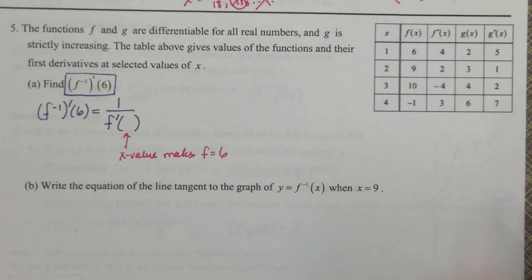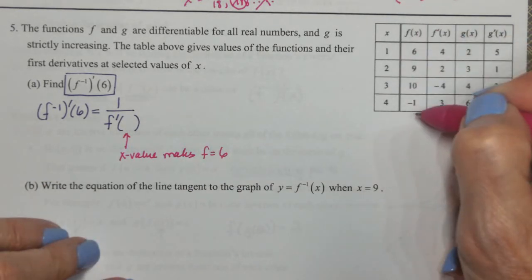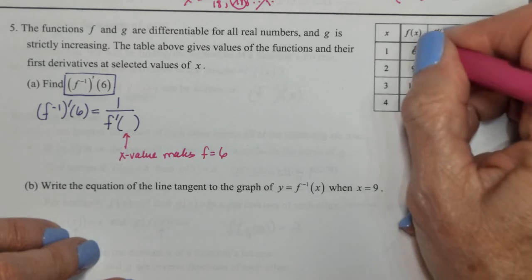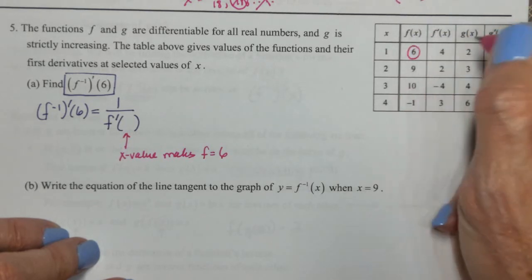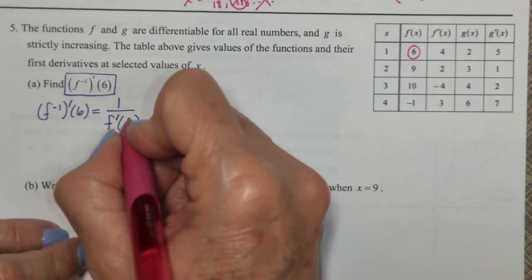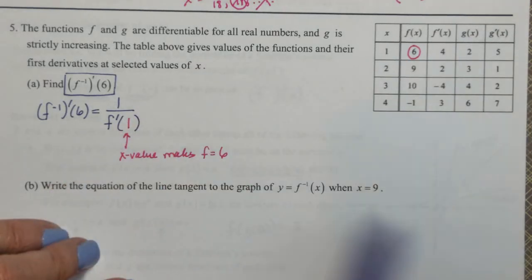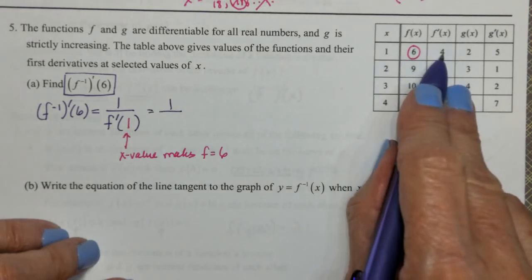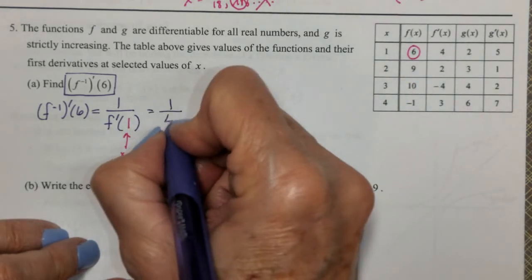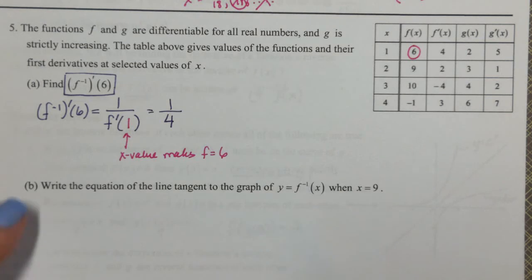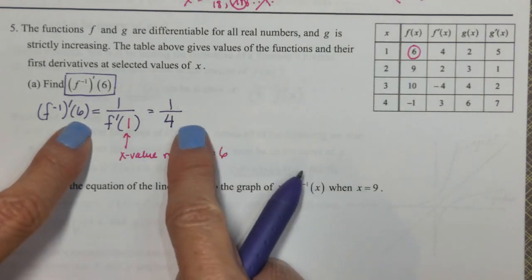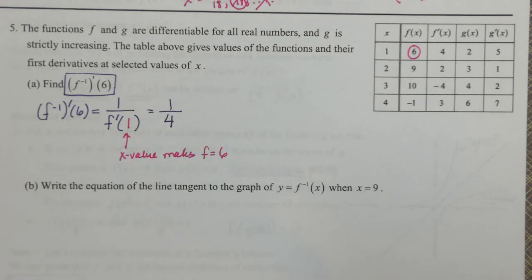So I go to my table. I need the x value that makes f 6. Well, right here f is 6. The x coordinate is 1. So 1 over f prime of 1. F prime of 1 is 4. So the derivative of f inverse at 6 is 1 over 4, 1/4.